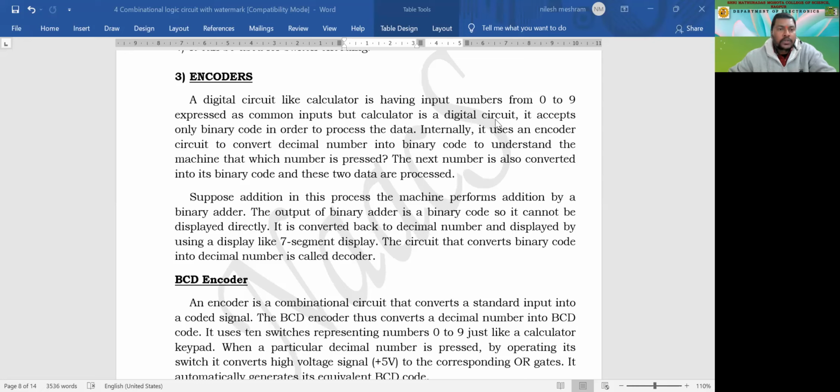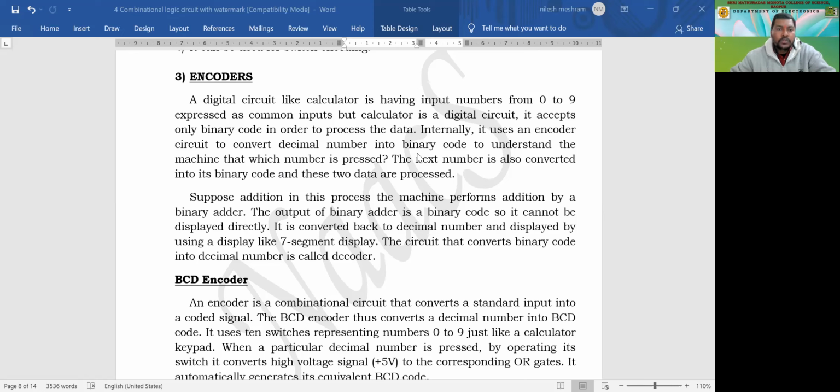So 0 is coded as 0000, and 9 is coded as 1001. So these are the codings of the decimal numbers into the binary system. As in calculators, when we press a key of one number, it generates an equivalent binary code of that particular number. So the circuit which converts that number into a particular binary code is called the encoder, right?